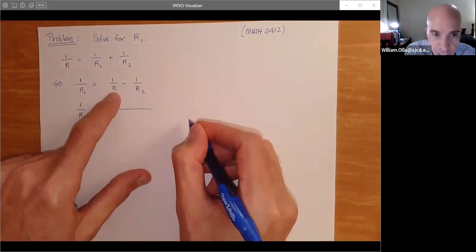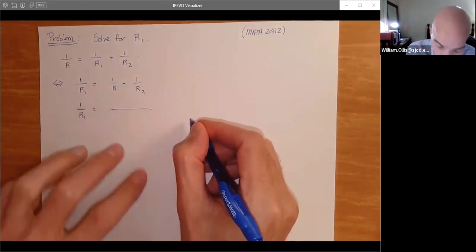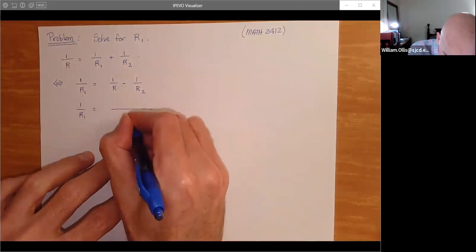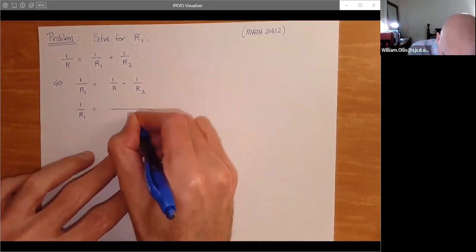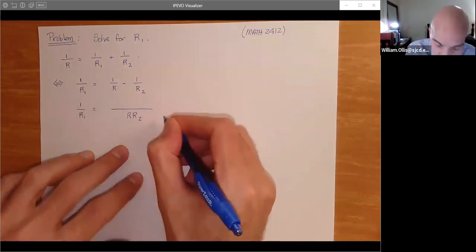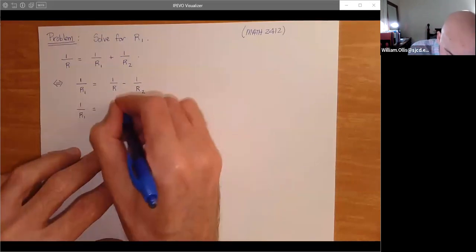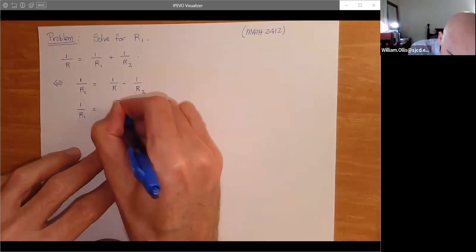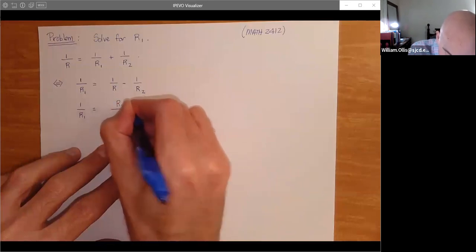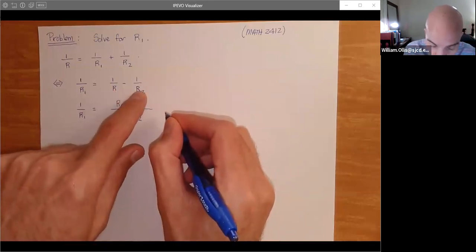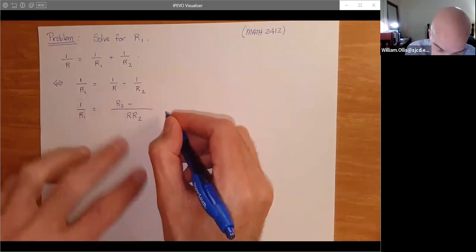We have a common denominator of r times r sub 2. To compensate for that, here we don't have the r sub 2, so we have 1 times r sub 2. And here we don't have the r, so we have the -1 times the r.